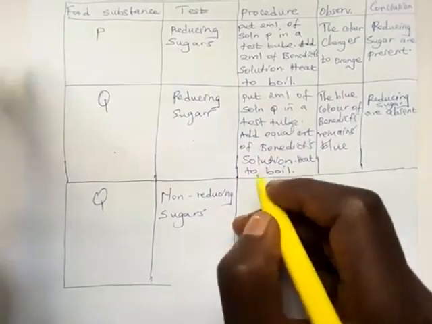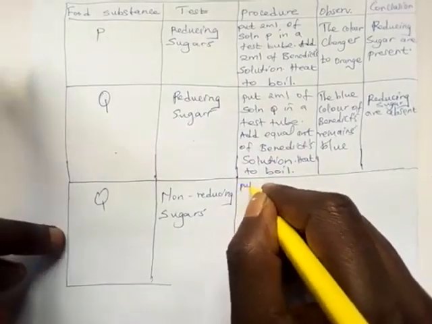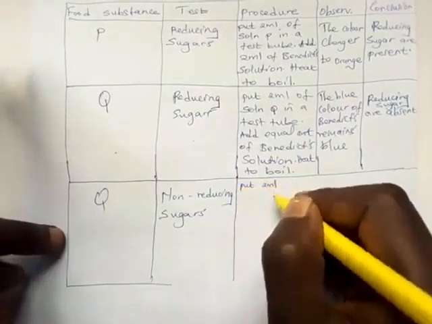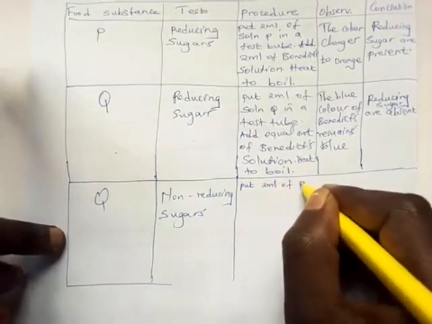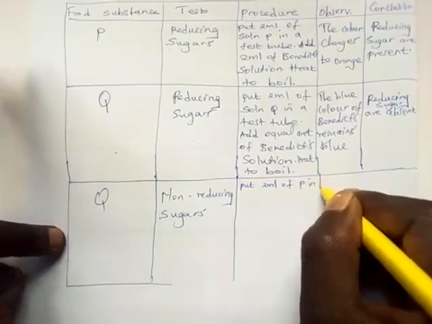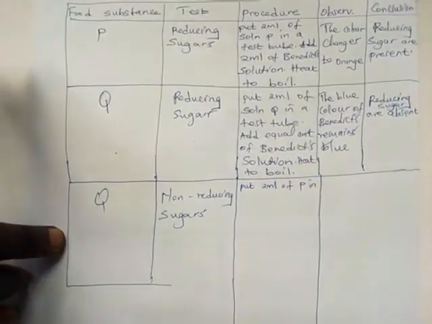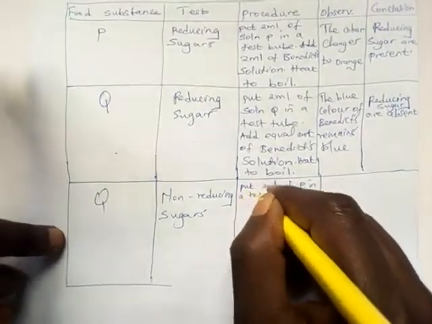Then you say, put 2 milliliters of substance P in a test tube.